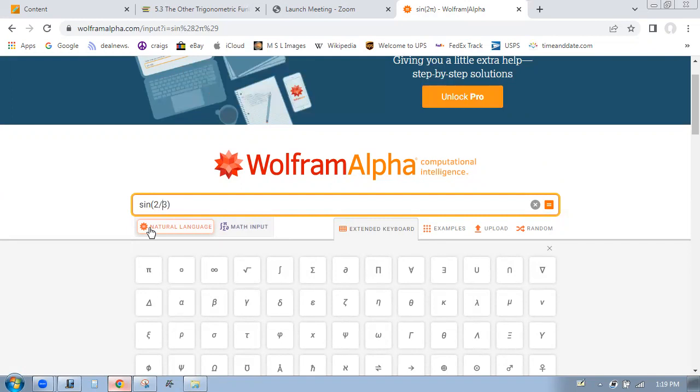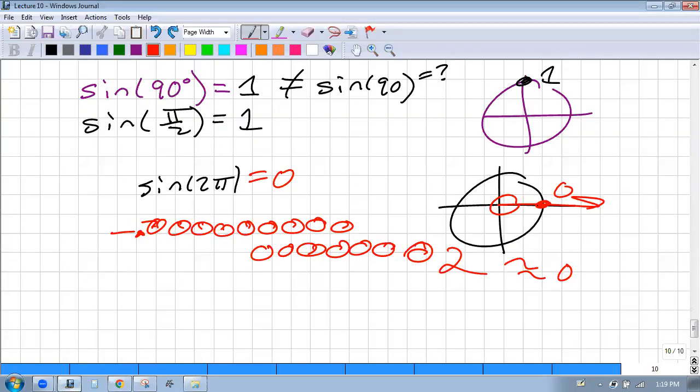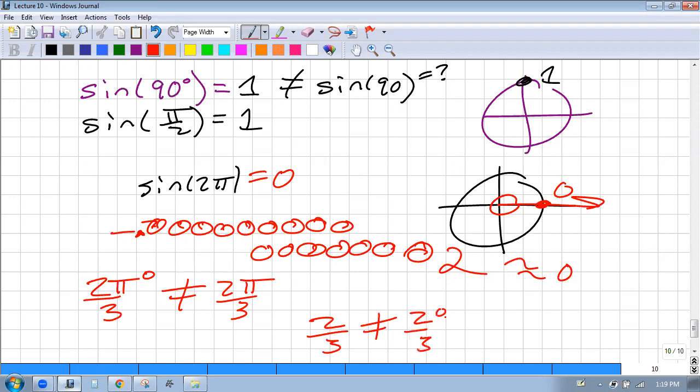So technically, mathematically, that's totally incorrect, all right? But it's a safe assumption because these multiples of pi show up so many times when we're referring to radians, right? 2 pi over 3 degrees is not 2 pi over 3, all right? Likewise, 2/3 radians is not 2/3 degrees, all right? But if you just type this in, it's assuming that, okay?